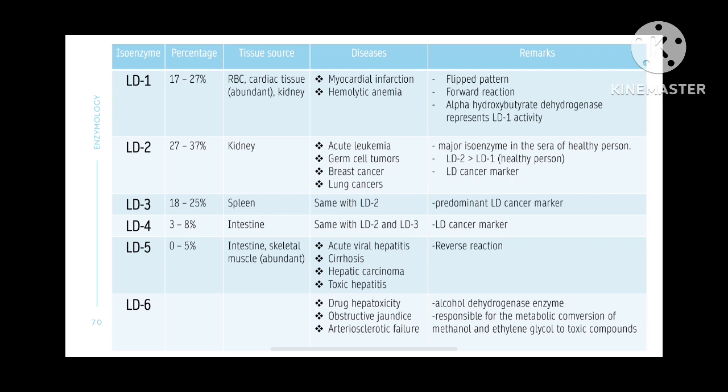Therefore, in conditions involving cardiac necrosis or acute myocardial infarction, and also intravascular hemolysis, the serum levels of lactate dehydrogenase 1 or LD1 will increase to a point at which they are present in greater concentration than LD2, which results in a condition known as the LD flipped pattern, wherein LD1 is greater than LD2. This flipped pattern is suggestive of acute myocardial infarction.